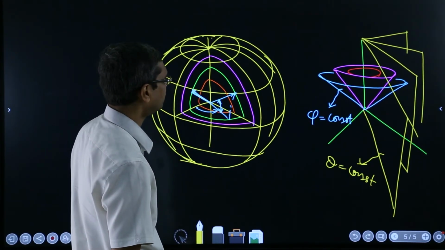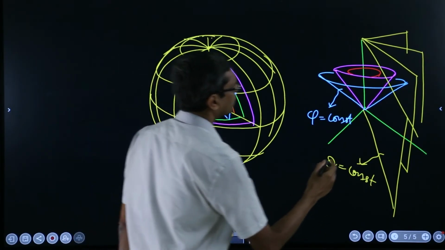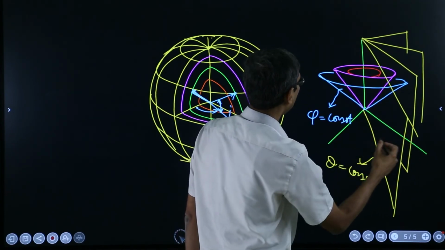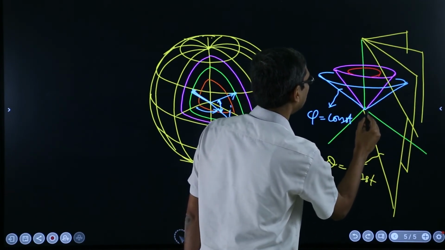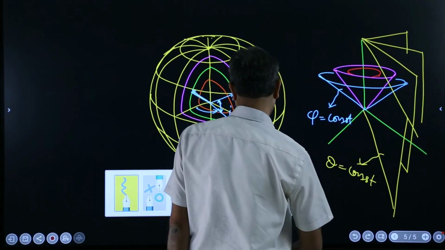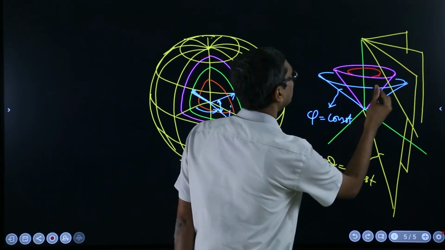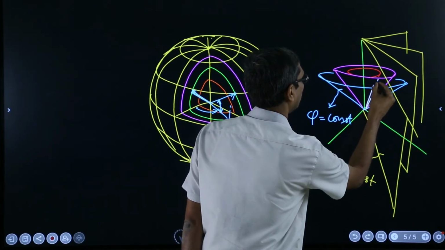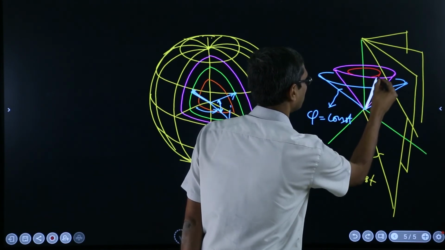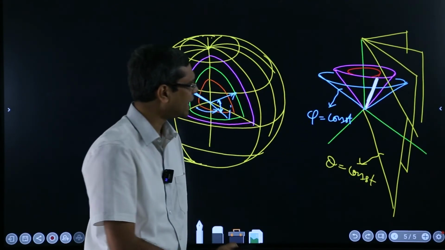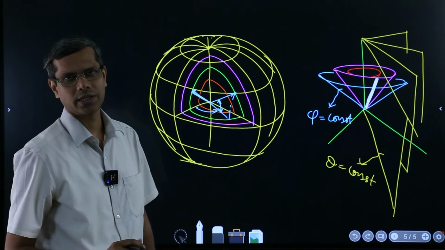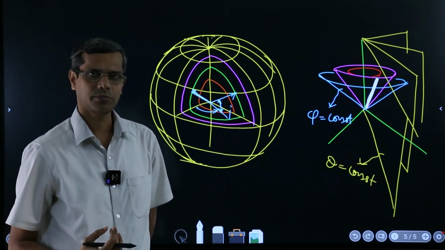Okay. For example, if I choose this theta equal to constant and this phi equal to constant, then I'll get some line like this, maybe here, on this line. On that line theta and phi both are constant, only the radius will change.